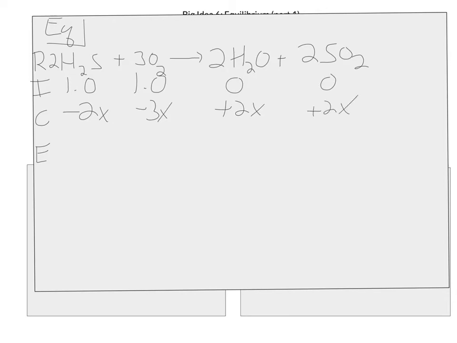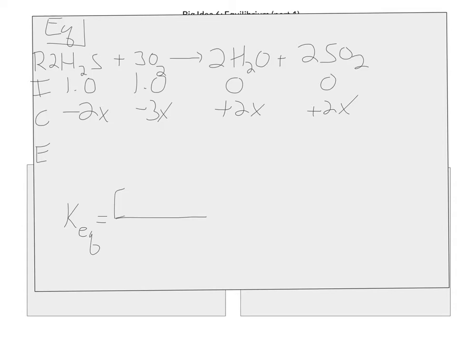Now if we had the equilibrium constant, if we actually had the value for it, that would be enough for us to plug into our calculators and figure out what the solution is. And you're allowed to use the solver on your calculator instead of doing full quadratic equations.